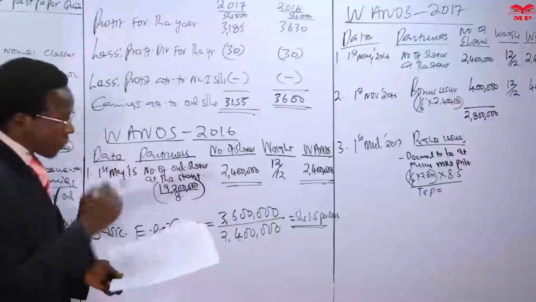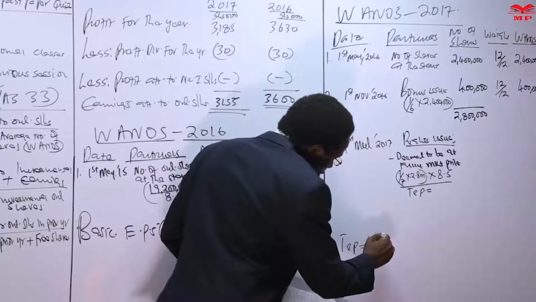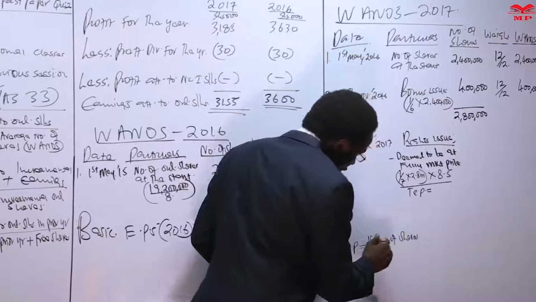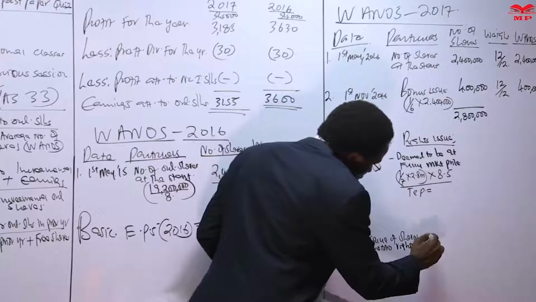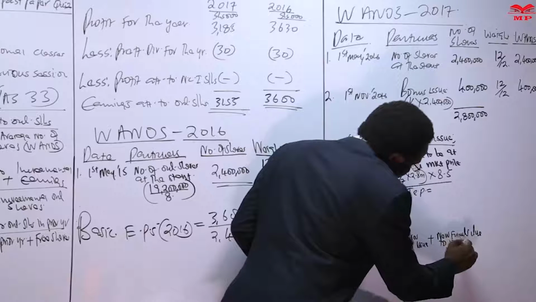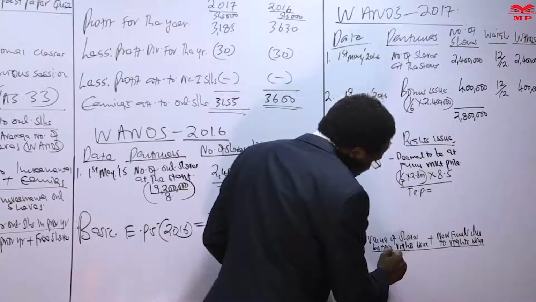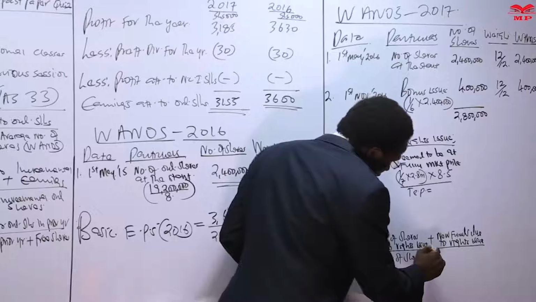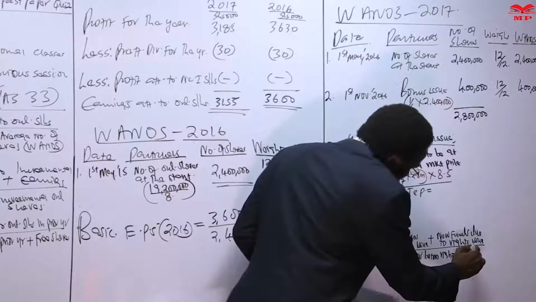What will be the theoretical ex-rights price? It is the value of shares before the rights issue plus new funds due to the rights issue, divided by the number of shares before the rights issue.